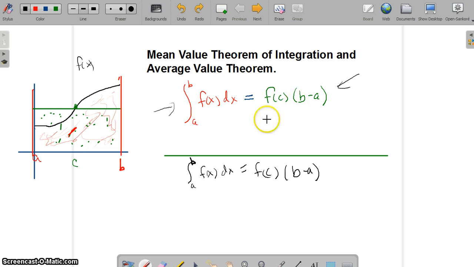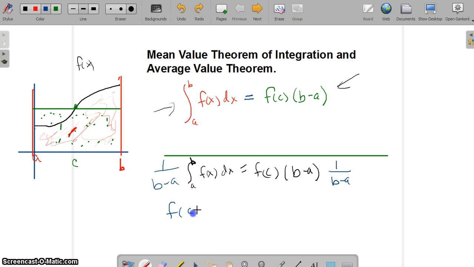A little addition to that talks about the average value theorem. This is the mean value theorem. I'm going to manipulate it a little bit, and multiply both sides by 1 over b minus a. And I'm going to switch this around.